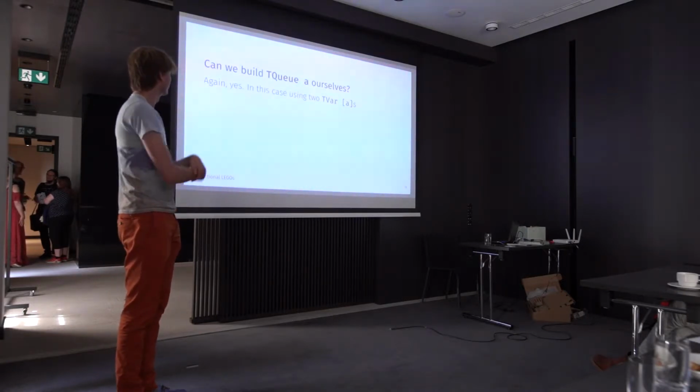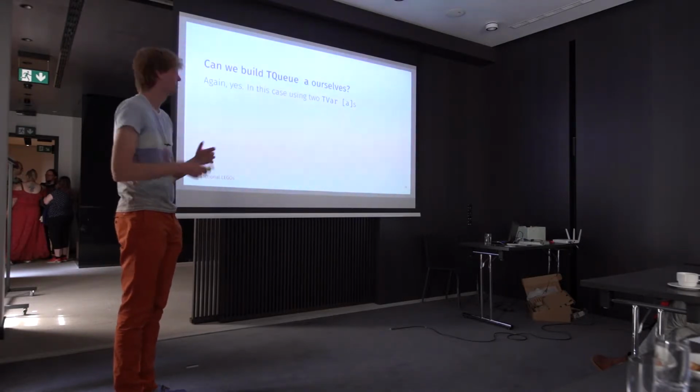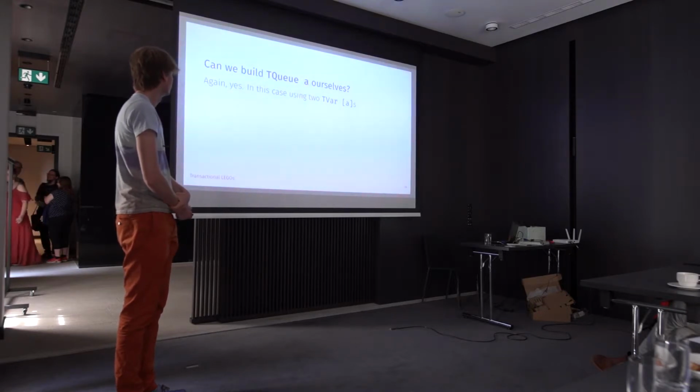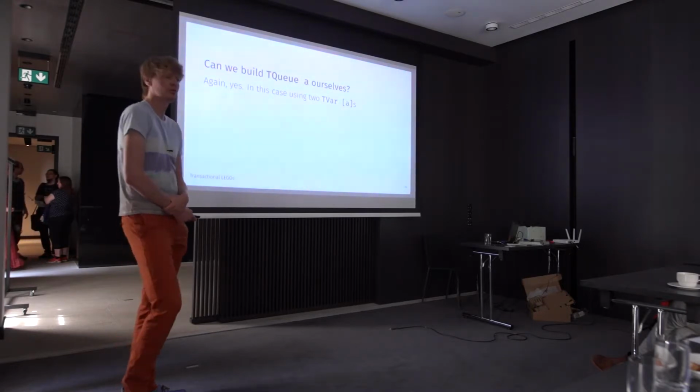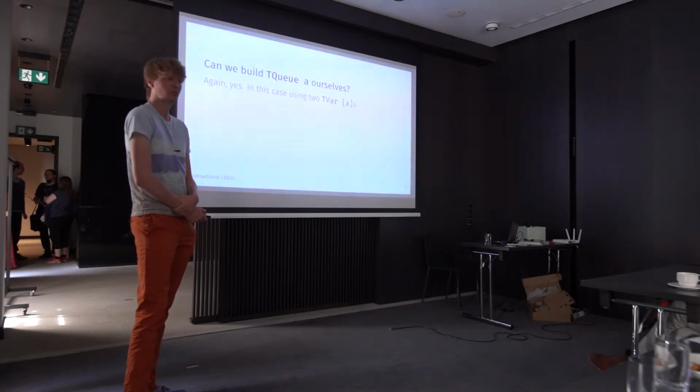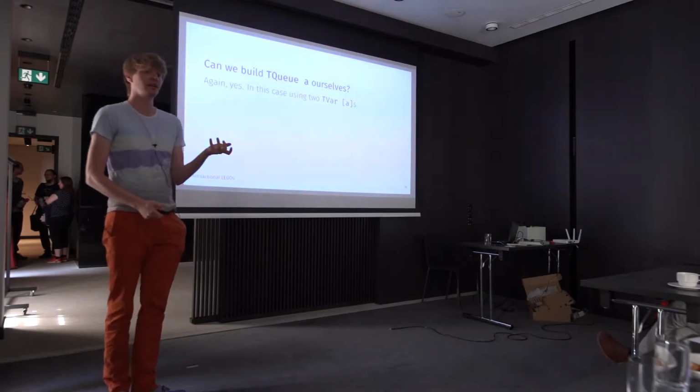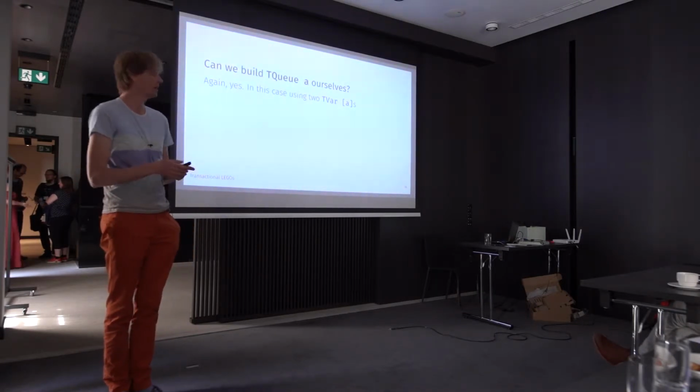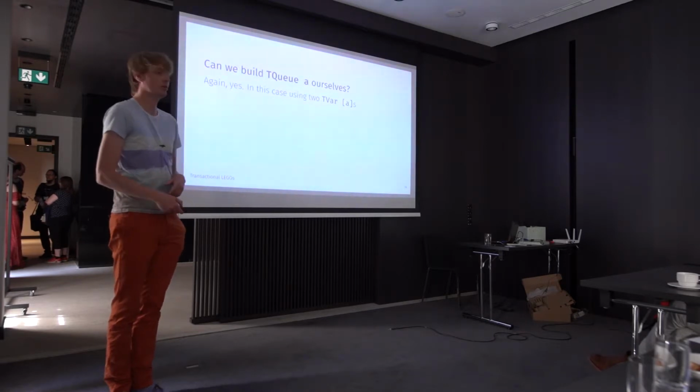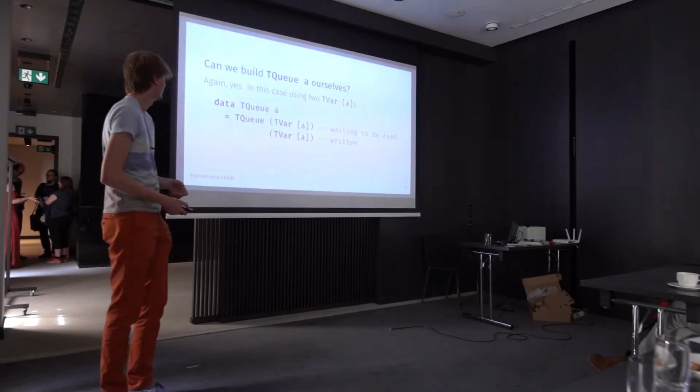So, can we build a TQueue ourselves? Yes. And we can do so using 2 lists, as a matter of fact. One for the reading end and one for the writing end. So the data type looks like this.